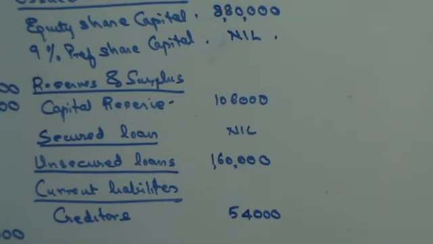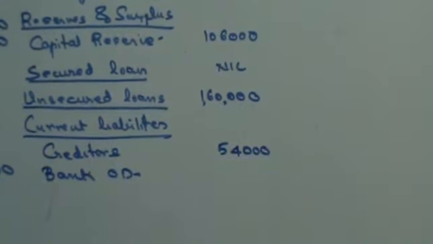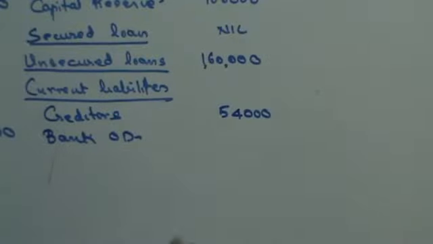Subtract, it's on the debit side, right? Then you have bank OD. Bank OD was 33,600 and it is on the debit side 33,600, so nil.